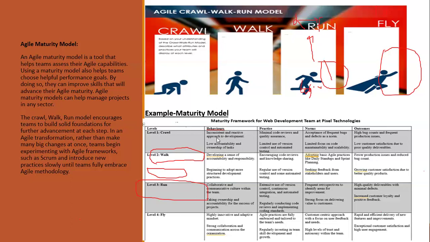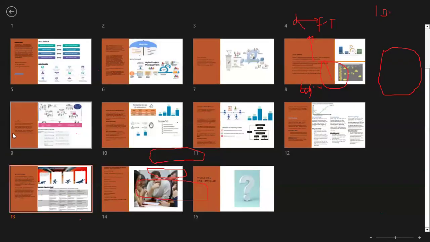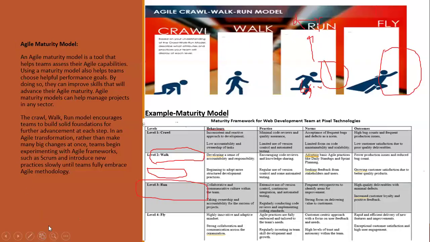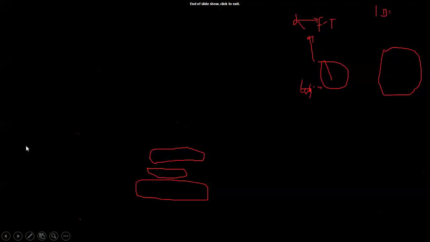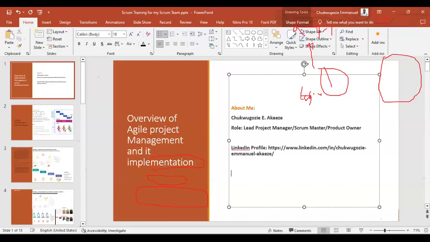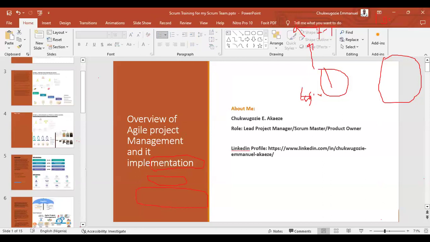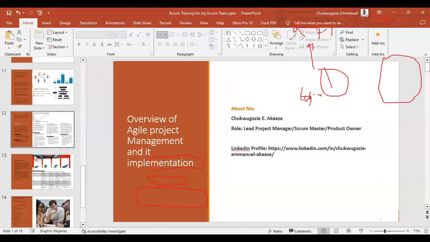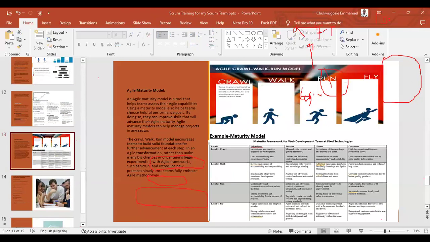So the first behavior, if the team is crawling, let me show this from a more visible place. Now, when the team is crawling, this is the Agile maturity framework.